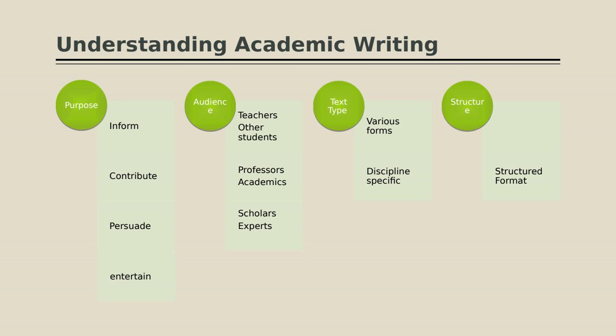It's not only, as I mentioned, a paragraph or an essay, but different types of writing. So moving from type of writing, how would you write this? What are the formats? What is the structure of this kind of text? These are key issues, key concepts that we need to bear in mind when we're thinking about academic writing.